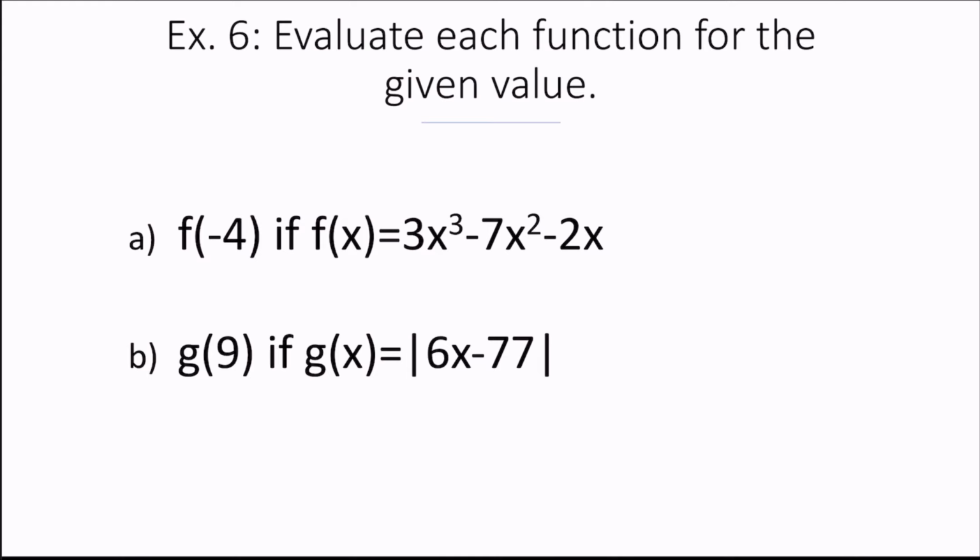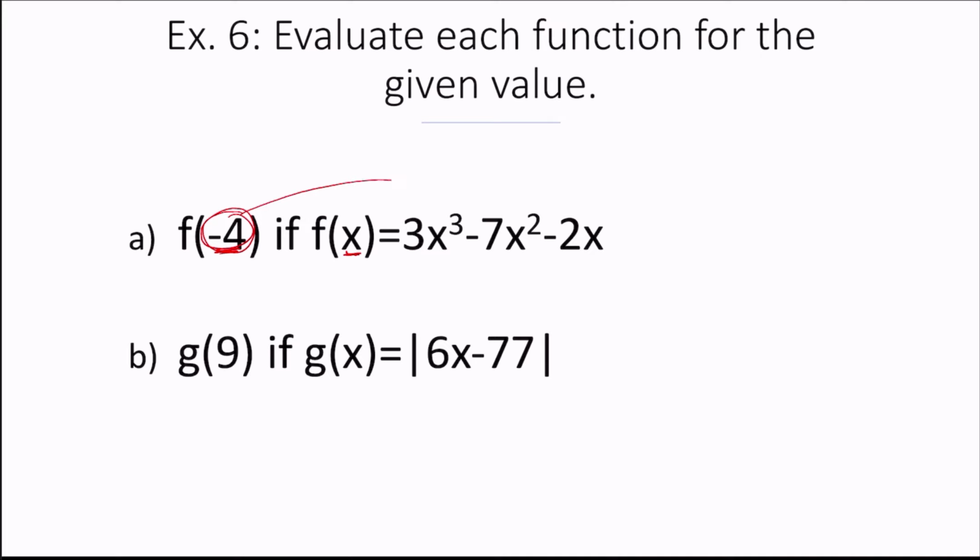To evaluate a function for a given value, all we have to do is plug that value in. So if f of x equals 3x to the third minus 7x squared minus 2x, and we want f of negative 4, right? This is f of x. We want f of negative 4.